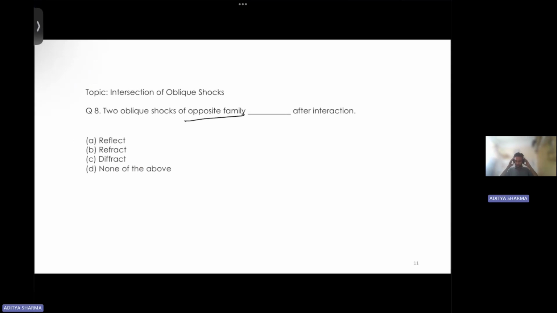If you see the options, right? Option B says that these two oblique shocks of opposite family refract, right? The answer also says this.